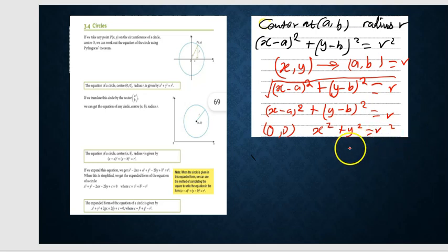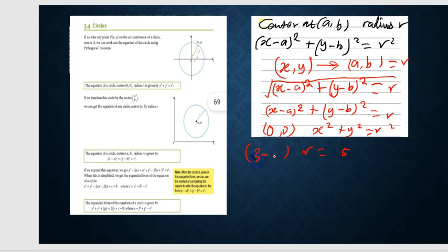So if you are asked to find the equation of a circle, let's take a point, 3, negative 2, for instance, and maybe the radius is equal to 5.